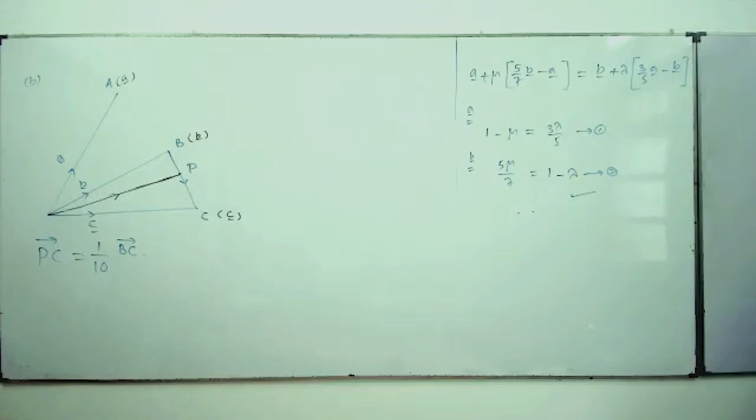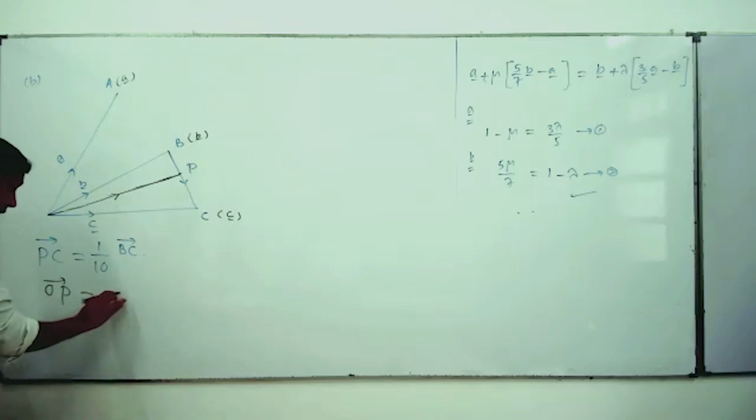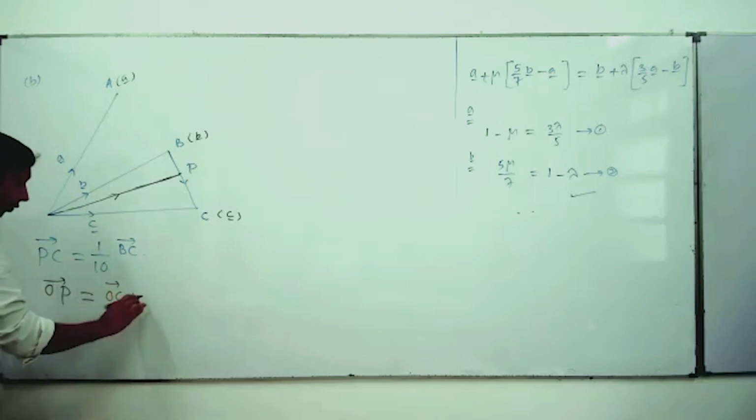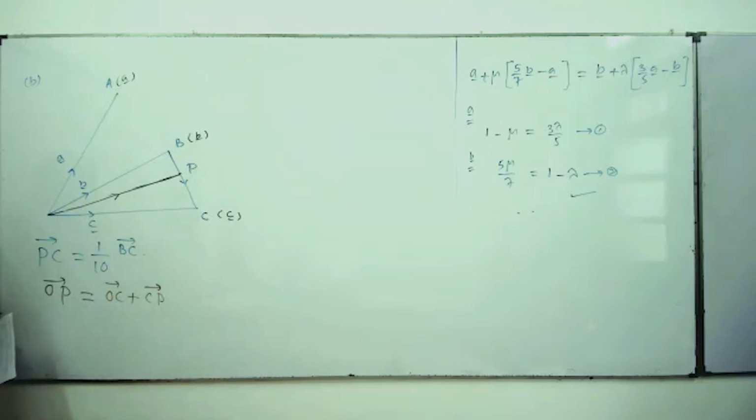I now ask him to find the vector OP in terms of a and b. This way we can write this vector OP as OC plus CP.